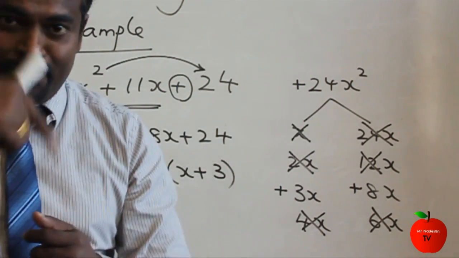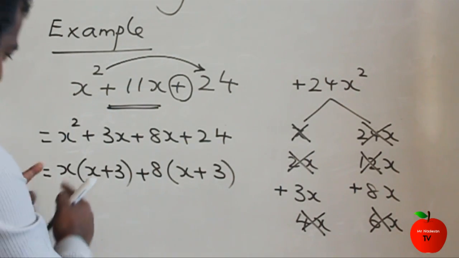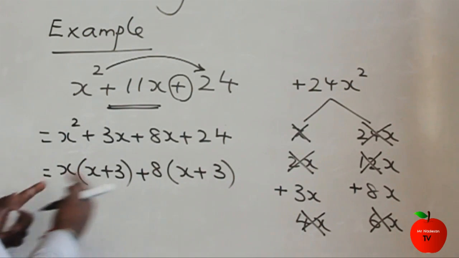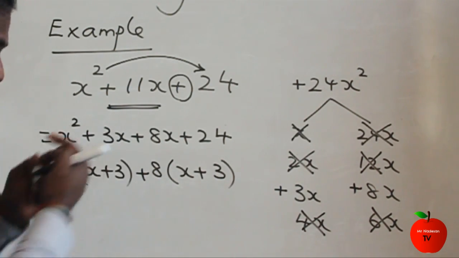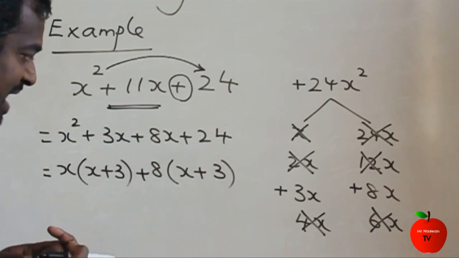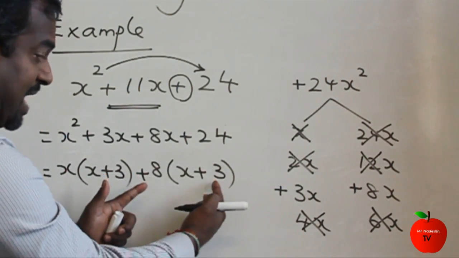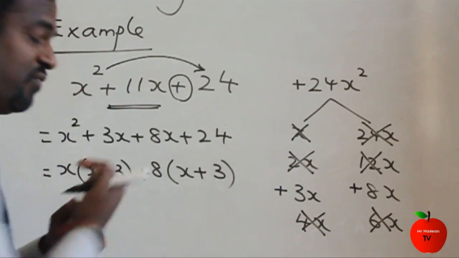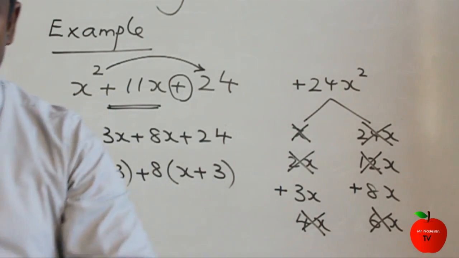Make sure you double check your answer. x times x is x squared, x times 3 is 3x, 8 times x is 8x, and 8 times 3 is 24. It all comes to the expand and simplify.